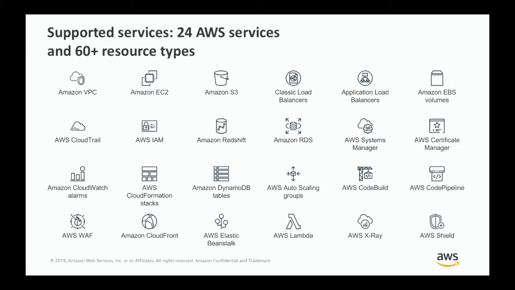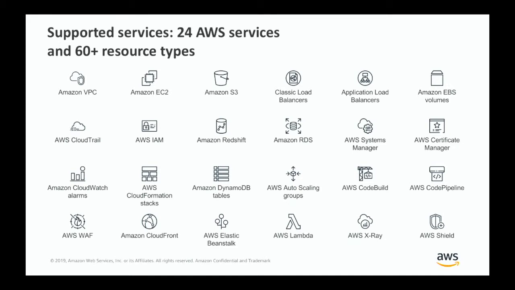Obviously, over time, we want to support most, if not all, of the resources that we have at AWS. But pretty much the most important and critical ones are there, right? So you have EC2, S3, VPC and IAM, the typical things: servers have certain configuration in terms of network configuration, in terms of hardware size, in terms of who has permission to what. Those most important things are covered there.